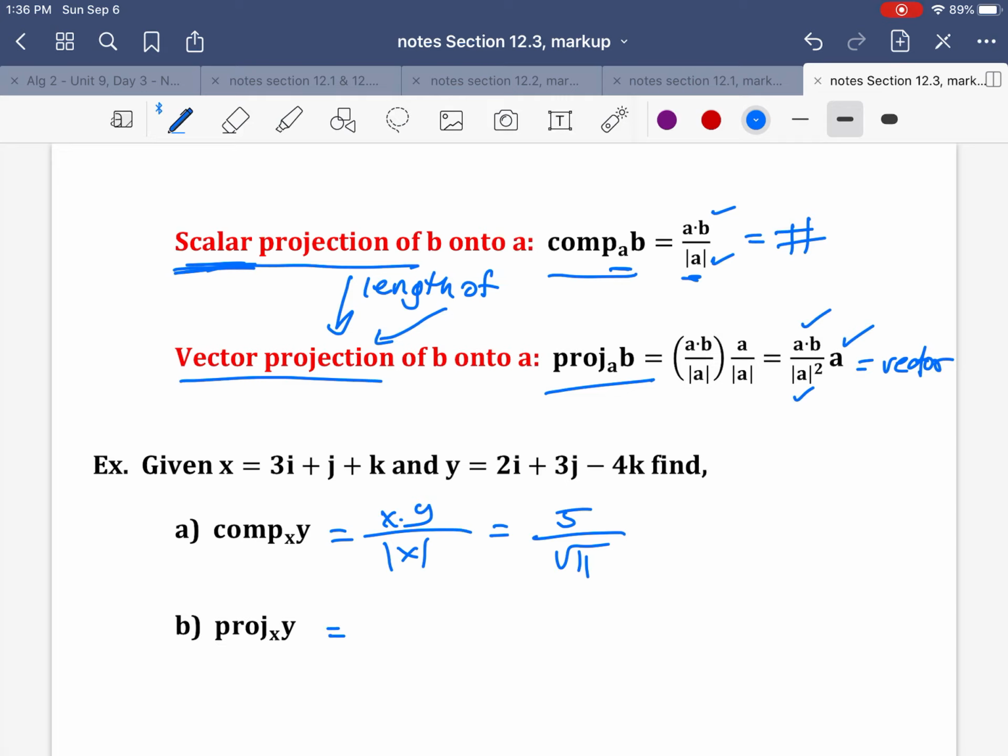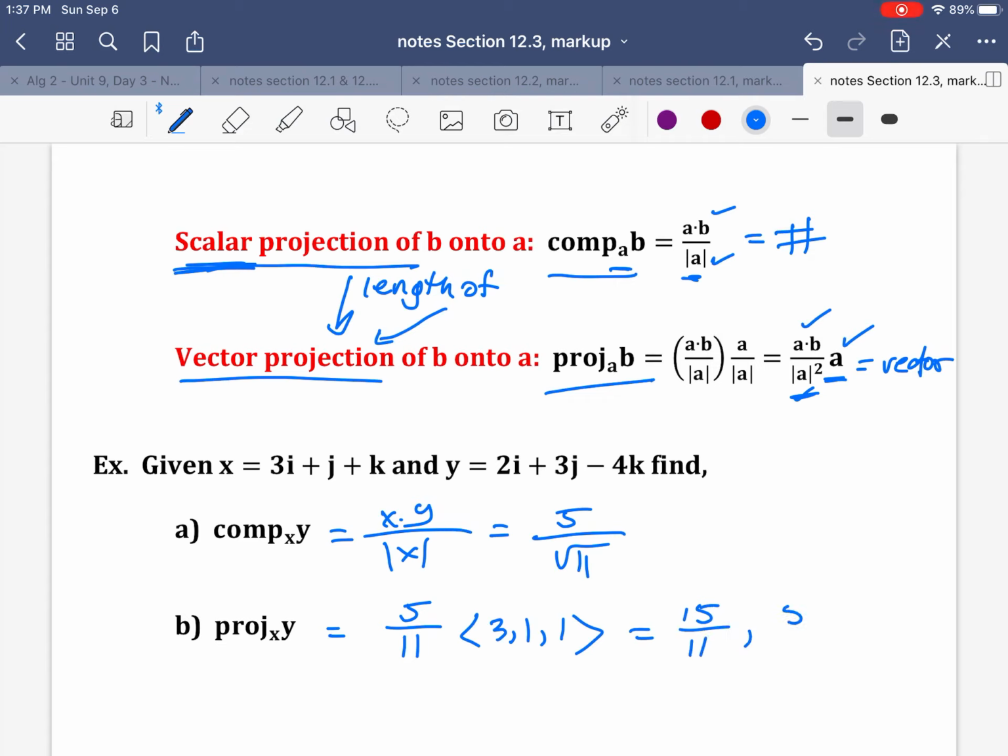So there we go. All right, so let's be a little tricky here. For my projection vector, the only difference between this and this piece right here is I square the bottom. So why don't we just use what we did? We have 5, and let's just make that 11. And then whatever vector was down here, I need up there, so that was x. I need vector x right here: 3, 1, 1.